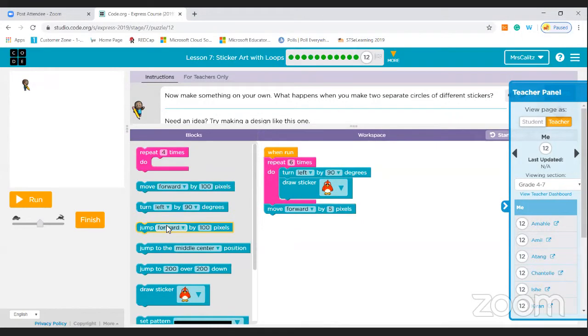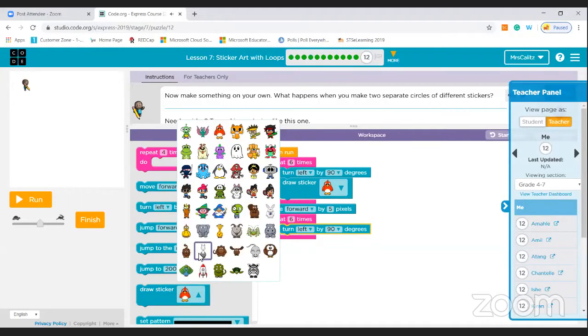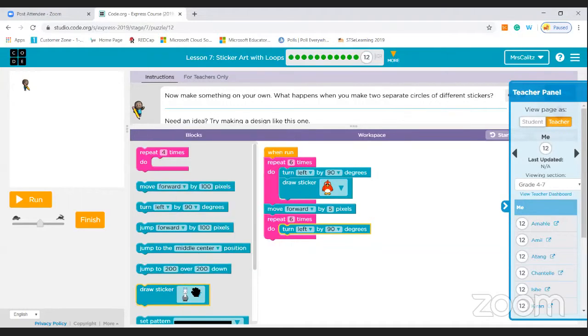I'm going to try 90 degrees because no one is giving me a clue of what I need to do. Turn left by 90 degrees again, and then I'm going to make, what is this? This is a llama. Okay, let's do this.